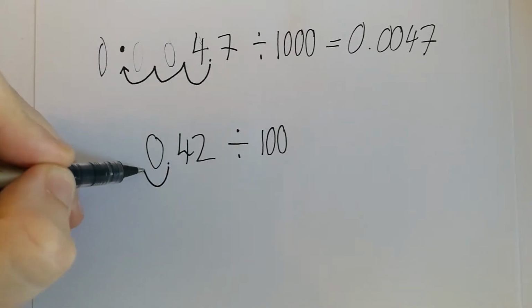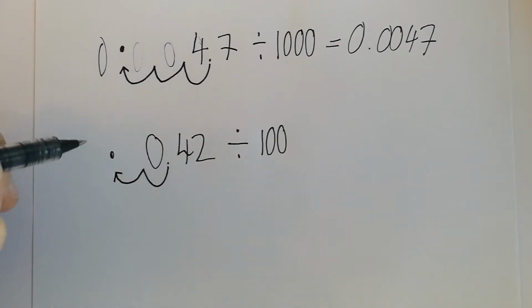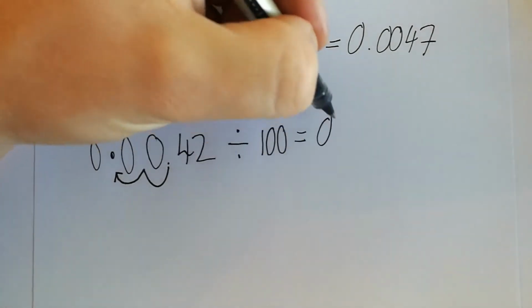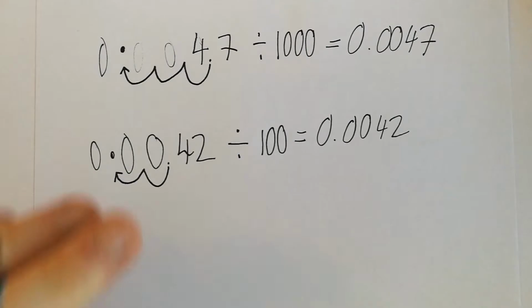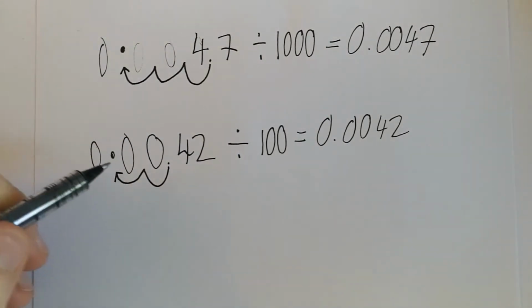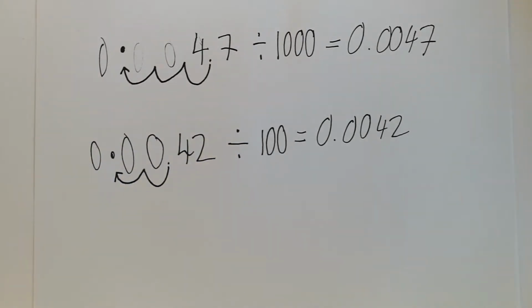So 1, 2. So our decimal point's now moved to there. And we fill in our gaps. So there's a gap there and a gap there. So our answer is 0.0042. So 0.42 divided by 100, you move the decimal point twice, because there's 2 zeros here, and then we get 0.0042.